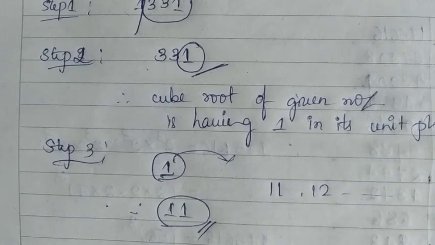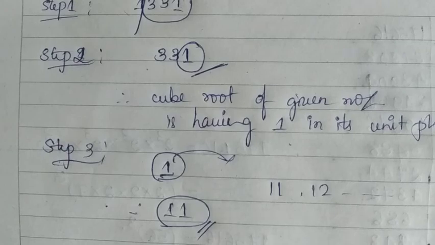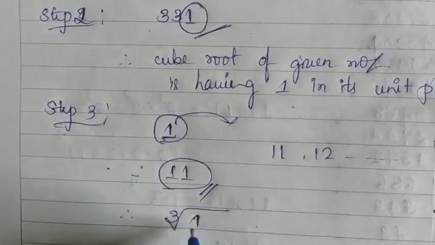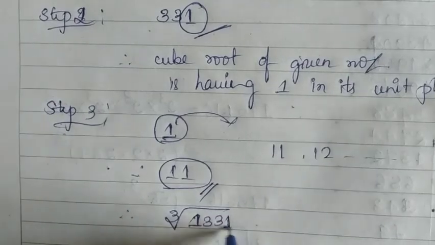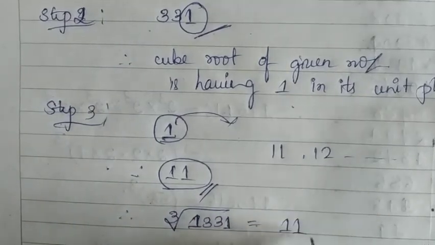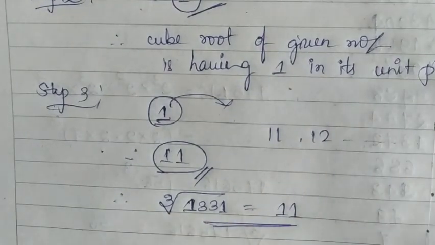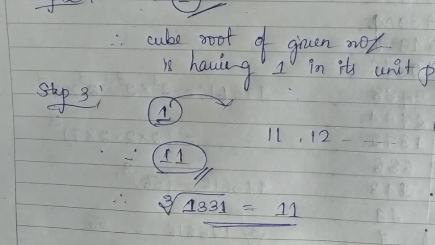We see 1 in the unit place of 11 only. Therefore, the cube root of 1331 is equal to 11.